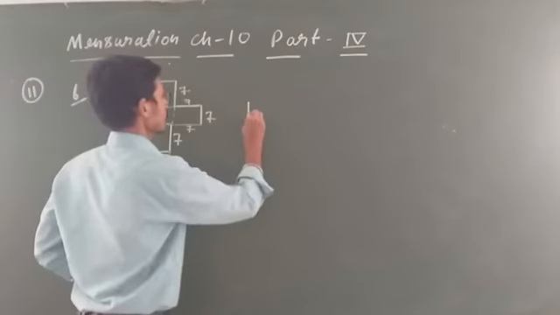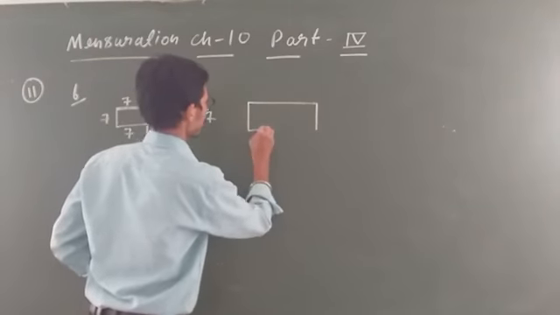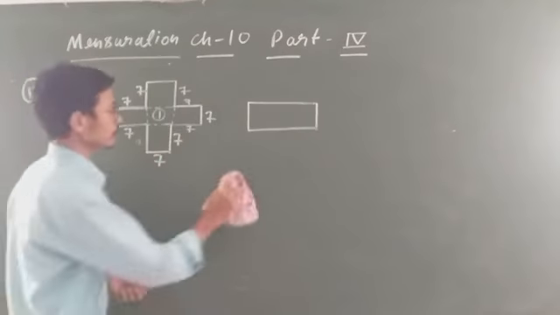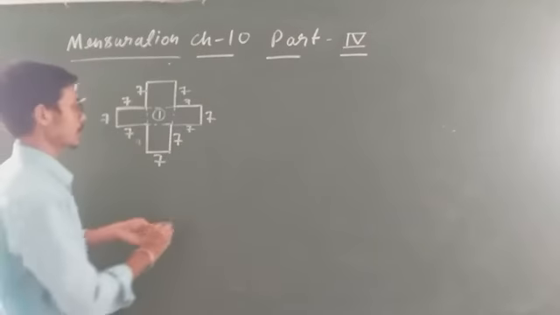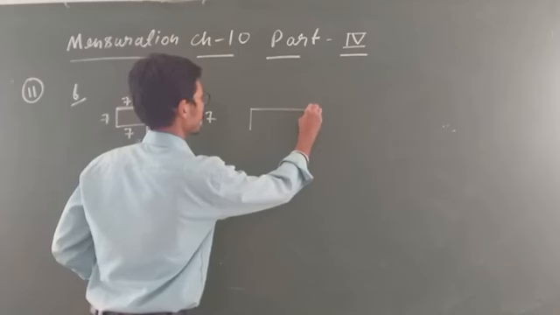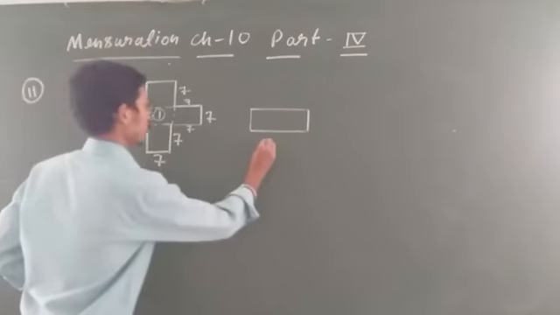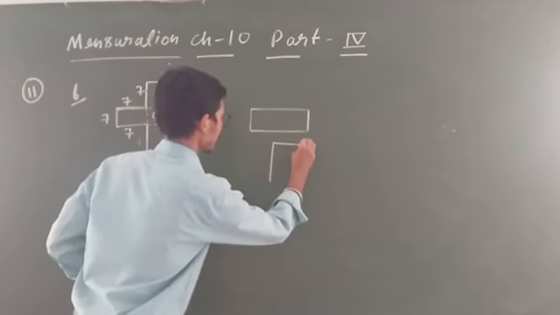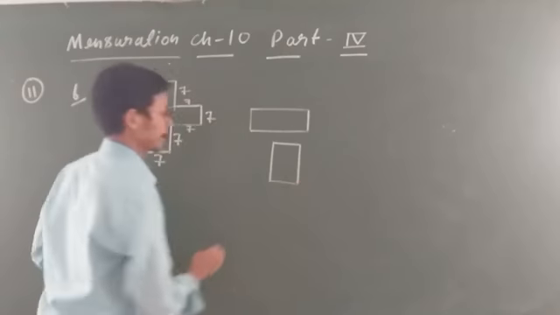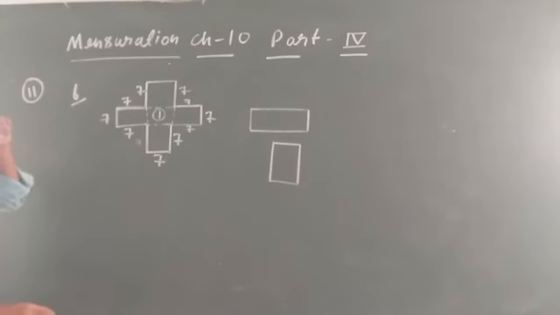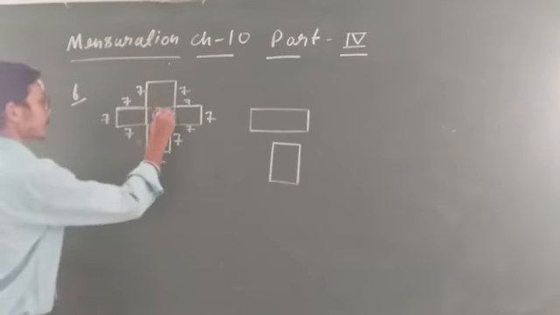It means I can assume this is our first rectangle. And this vertical line is our second rectangle. But an important thing, student, is that this is the middle part.